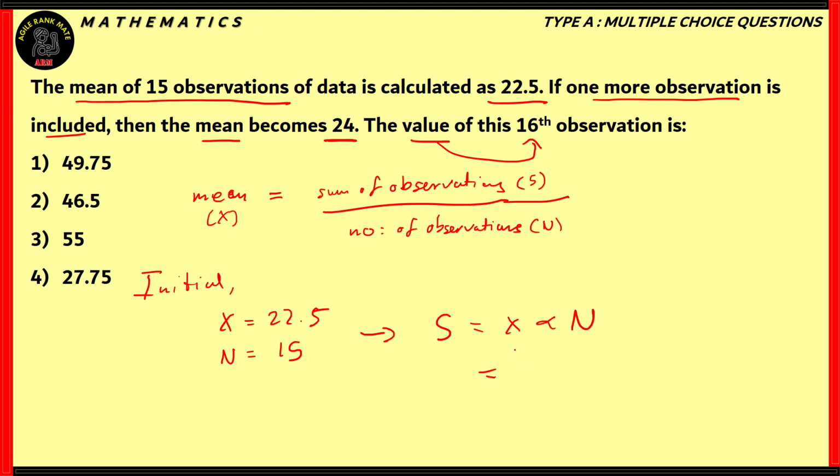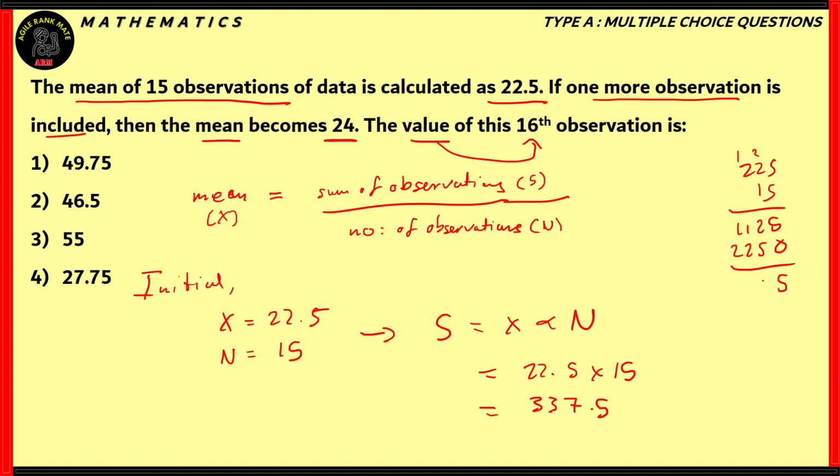So therefore, it'll be 22.5 multiplied by 15. So you can multiply it by yourself, and the answer would come out to be 337.5. Basically, all we have to do is 225 times 15. So 25, 10, 12, 11, 5, 2, 2, and then that becomes 5, 7, 3, 3.